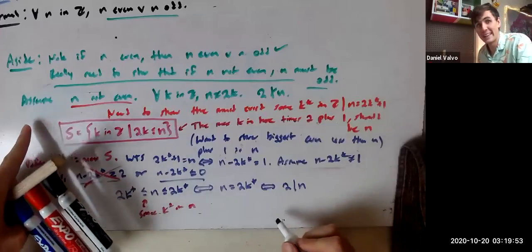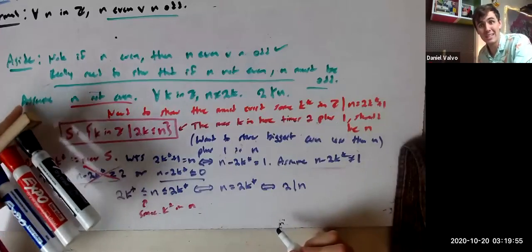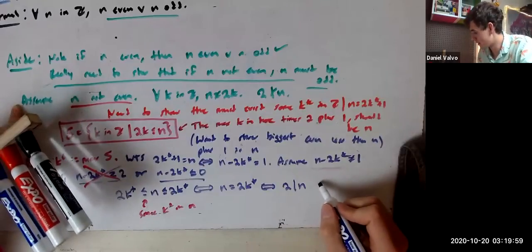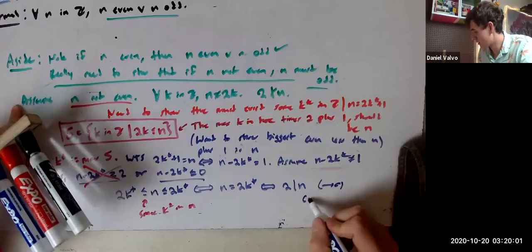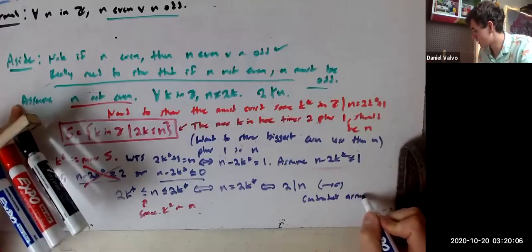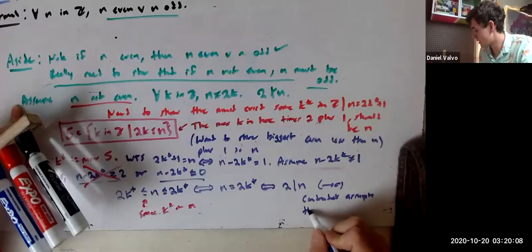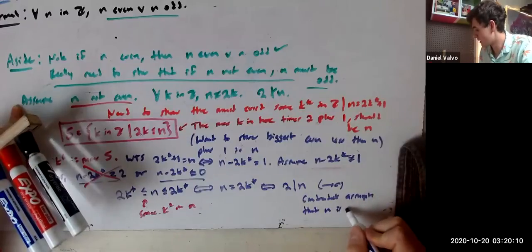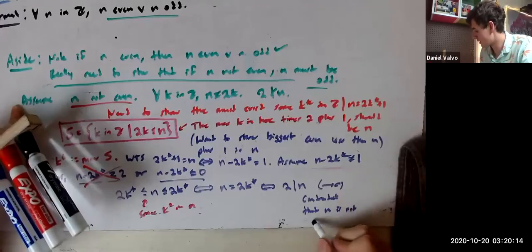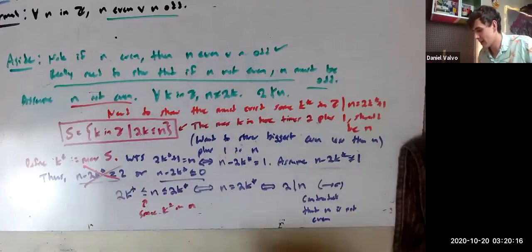But at the very top, we assumed that 2 does not divide n. This can't be true. Contradicts the assumption that n is not even. Meaning this assumption right here is also not true.